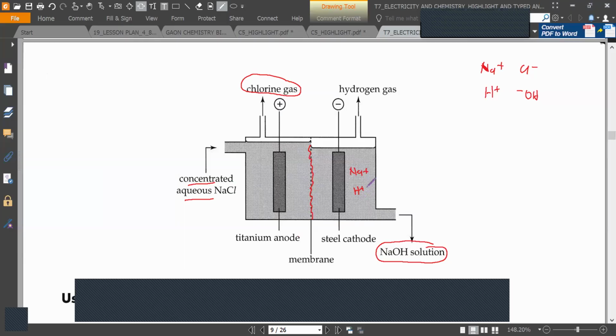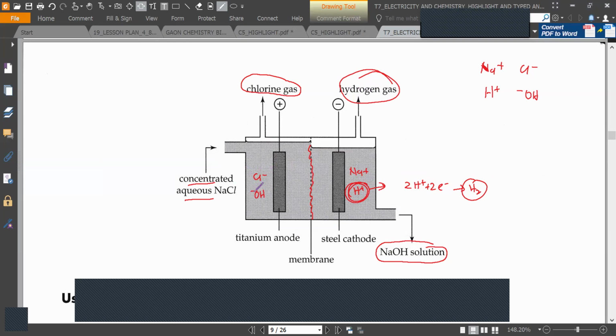As we know, the hydrogen is the one that will react. So hydrogen plus 2 electrons turns to hydrogen gas. This is our product here, hydrogen gas. And then here we have chloride and hydroxide.